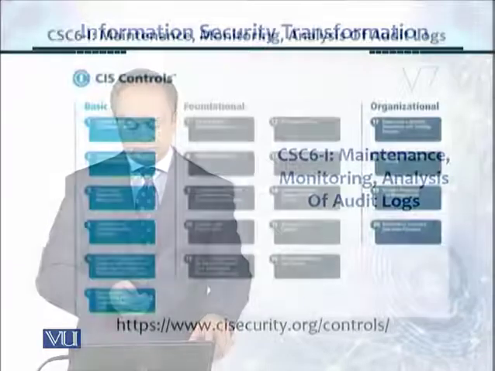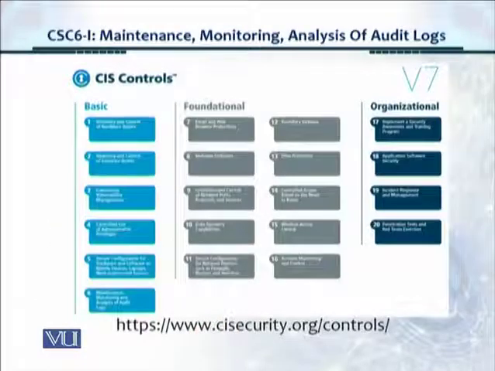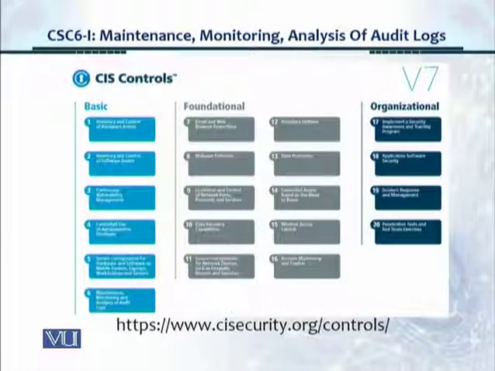Now, this is just to provide perspective again on the top 20 CIS critical controls. As you can see, this is version 7, which is the latest version, and it has been broken up into 3 groups: basic controls, which are 6 in number, foundational controls, which are 10 in number, and organizational controls, which are 4 in number.